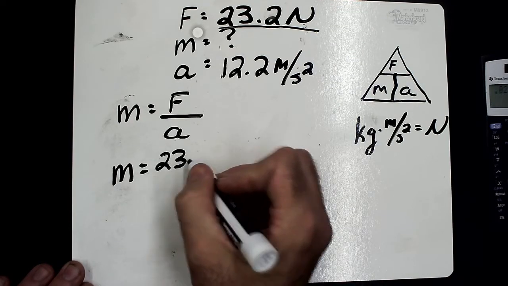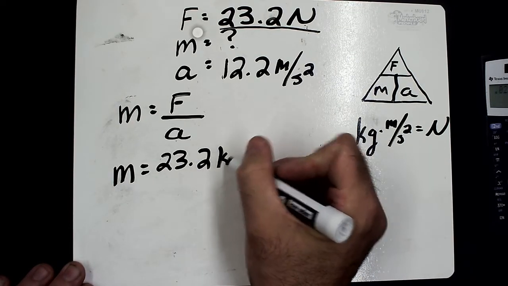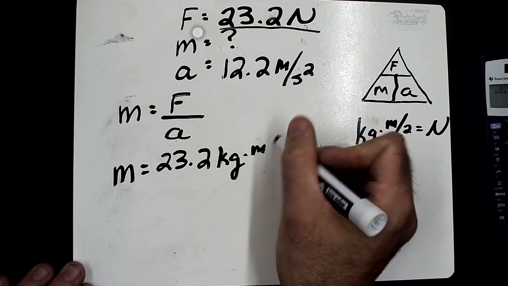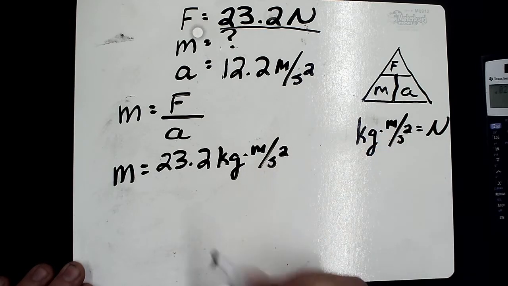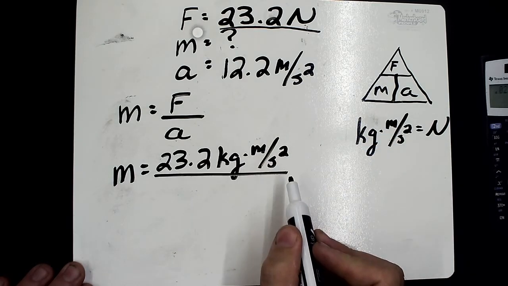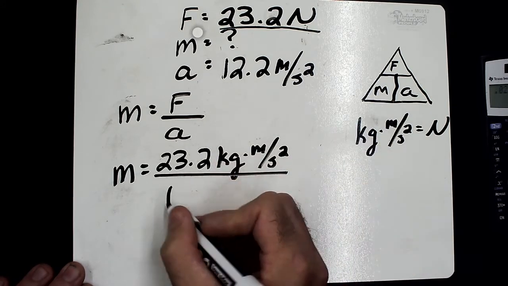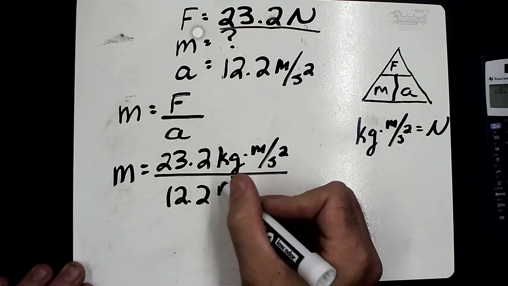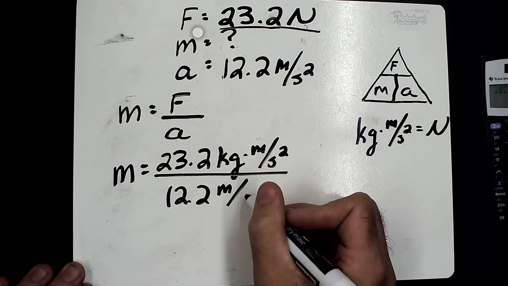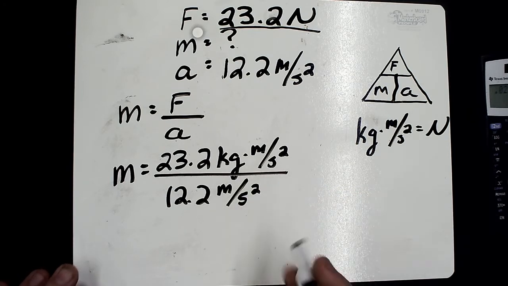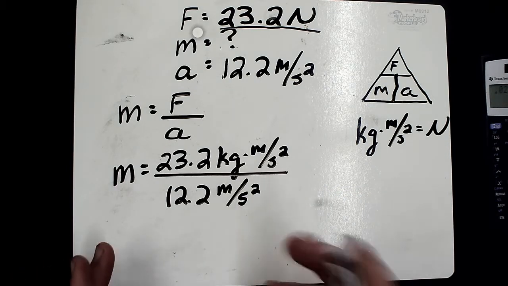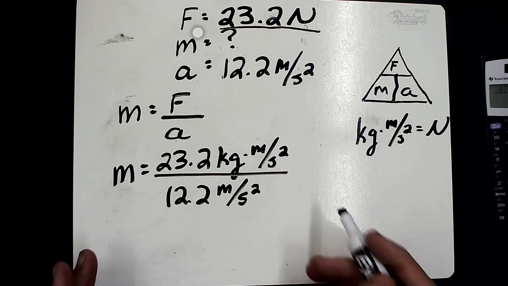So 23.2 kilogram meters per second squared divided by 12.2 meters per second squared. If you notice, anything on top of itself cancels out.